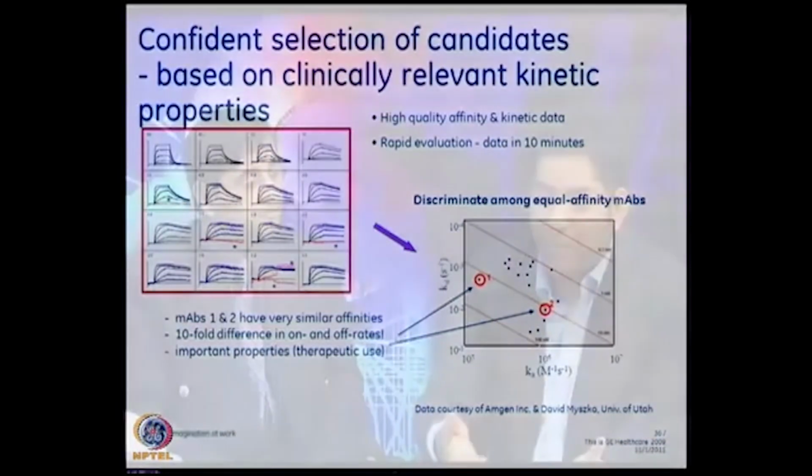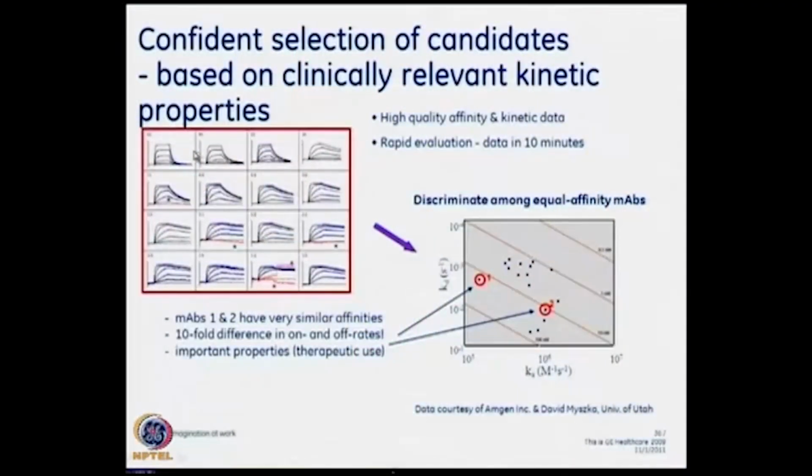So they're doing selection of clones for MABs. And if you look at this, clone number 1 and clone number 2 have similar affinities, but if you look at their on rate and off rate, there's a tenfold difference. So if you look at these two clones, for example, which clone should they go for?